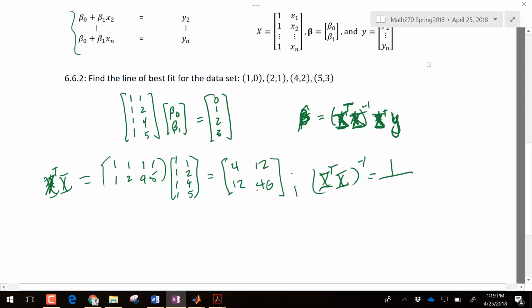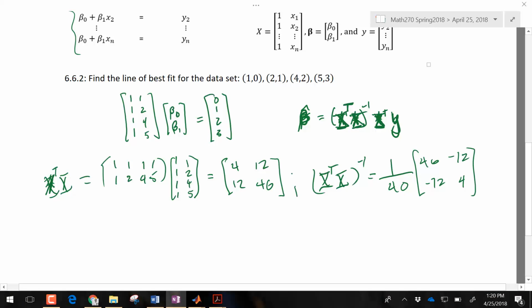So the determinant is, oh, it's a big number: 4 times 46 is 184 minus 144, 40. And then switch the diagonals, negative the wings. Okay, that wasn't too bad.